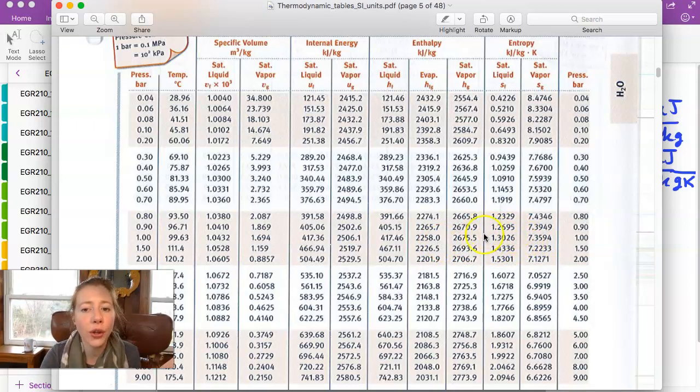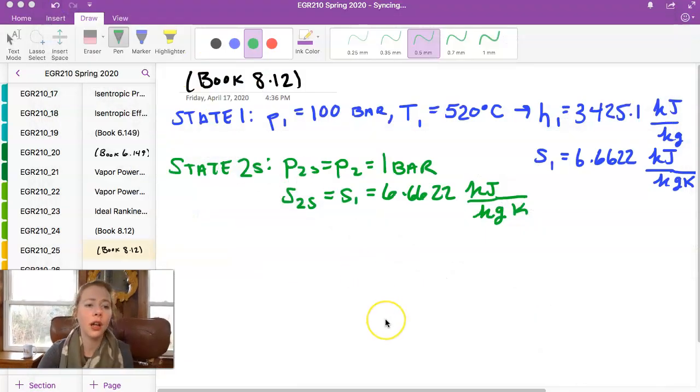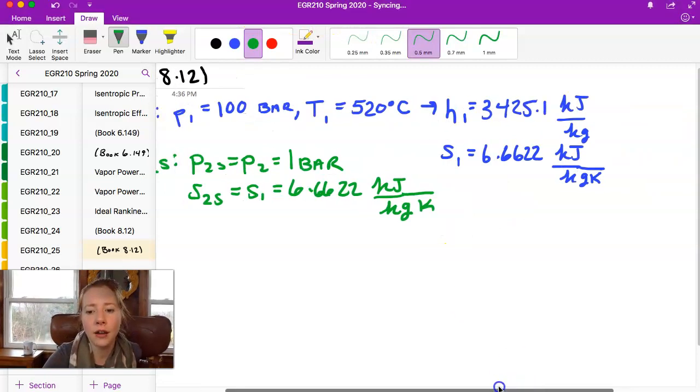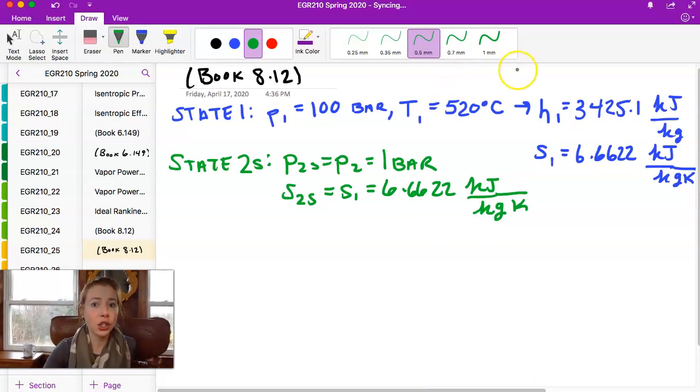So we need to figure out what the quality is. After you find the quality, you can then apply it to the enthalpy, and then we pick out our enthalpy. I'm not going to go through interpolation with you. We have gone through interpolation together many, many times. So try it out on your own and make sure you get answers somewhat near mine.